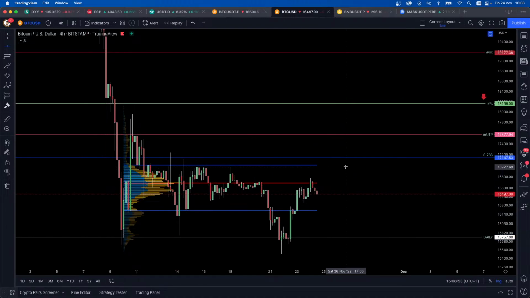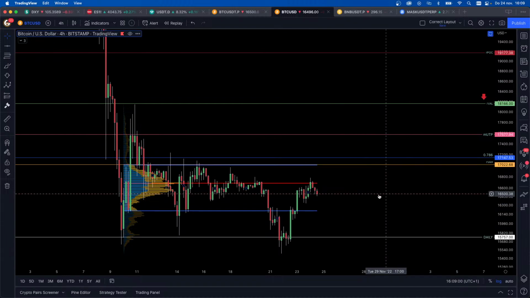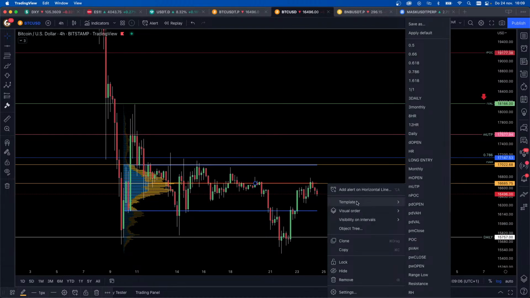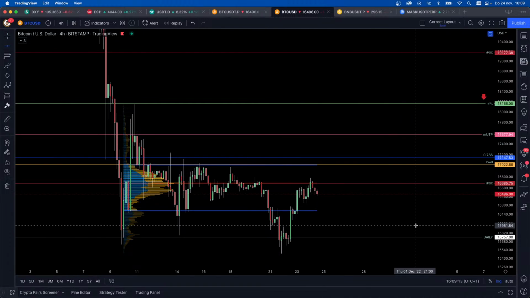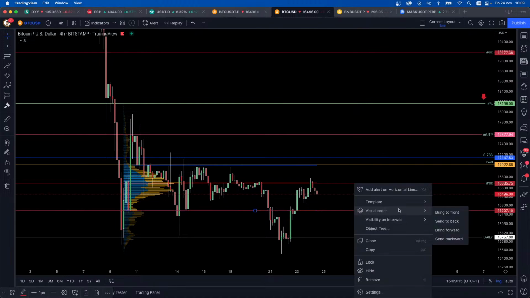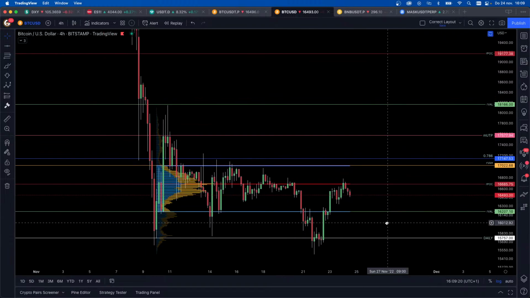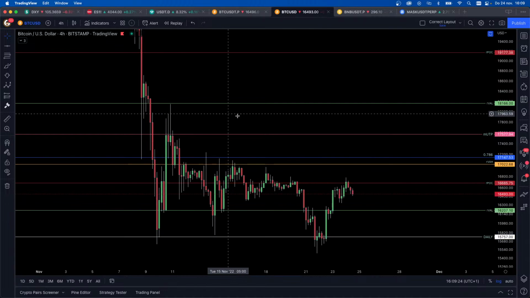We have value area high, we have point of control, and I'm going to explain why I've been shorting this today and yesterday. Point of control, and we have value area low. So these are my most important levels in this total range.